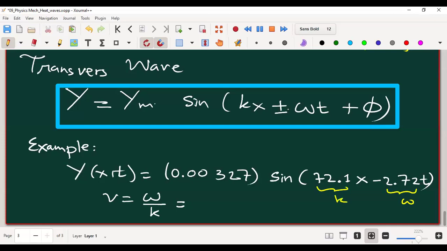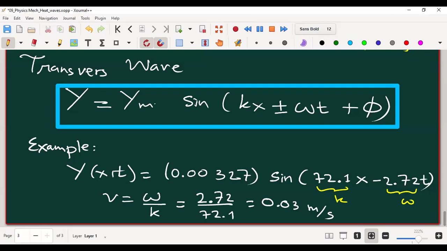Because the sign is minus, it becomes positive, to the right side. 72.1. So the answer here is 0.03 meter per second. Okay, 0.03 meter per second. This is the speed of the wave to the right.